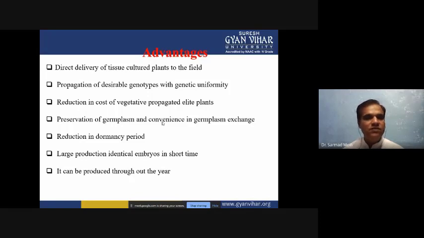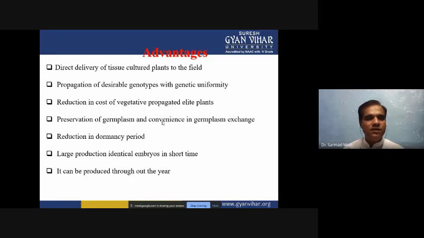That's why plants grown from synthetic seeds have uniform genetic types, and if you want to perform an experiment, you can easily do so with the same type of genotype material.